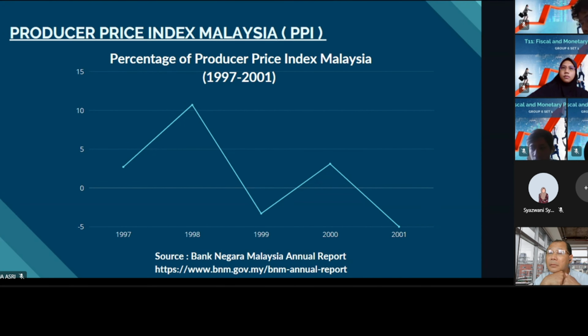Moving on to the chart shown on the screen, we can see the percentage of the producer price index from 1997 until 2001. The highest level recorded was in 1998, when the producer price index increased by 10.7%.